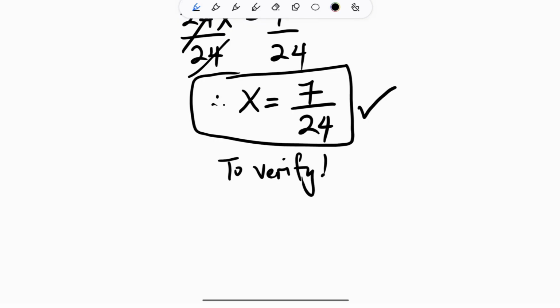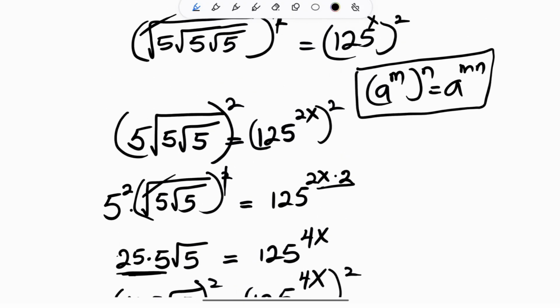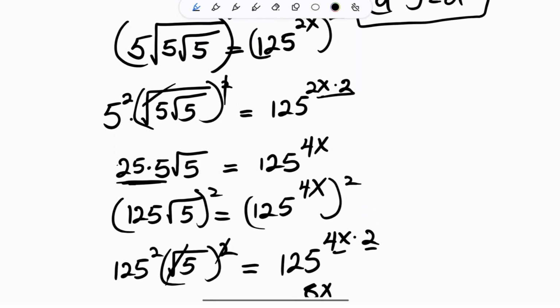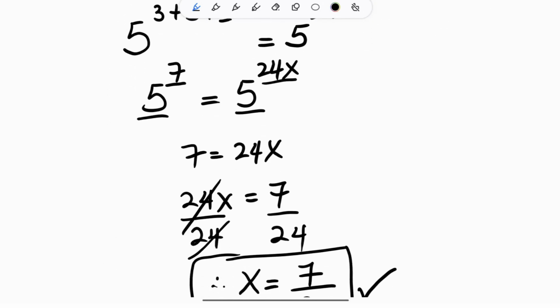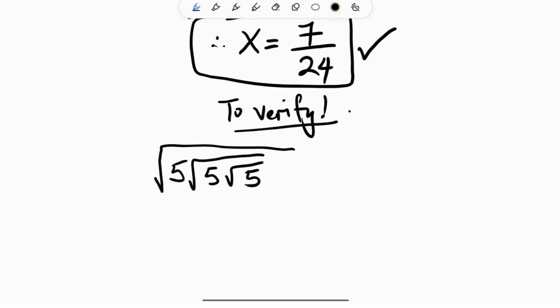Now, what was our question? The question was the square root of 5, root of 5, another root of 5 equals 125 raised to the power x.